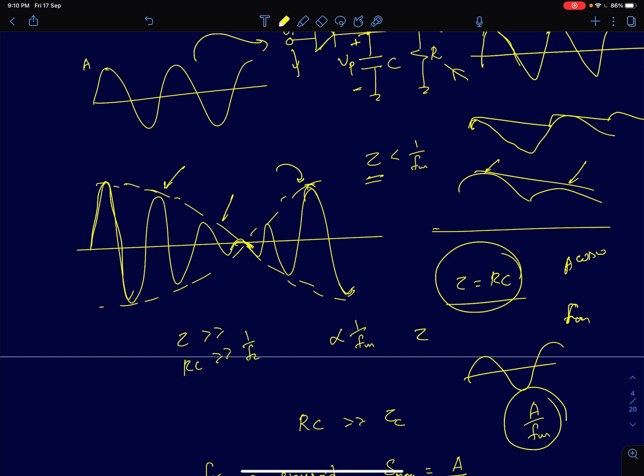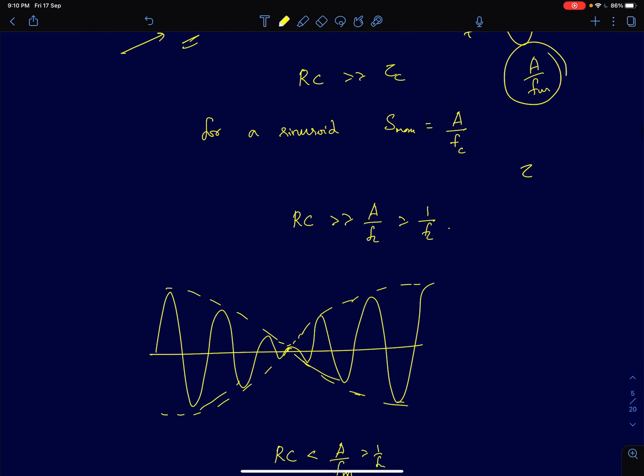In the same way, if I assume the sinusoid to be a carrier of frequency fc, the rate at which the signal changes is proportional to 1 by fc. So your time constant has to be much larger so that you don't react to those changes in the carrier frequency. You only want to react to message signal frequency changes. So looking at the signal in time domain, RC should be much greater than 1 by fc.